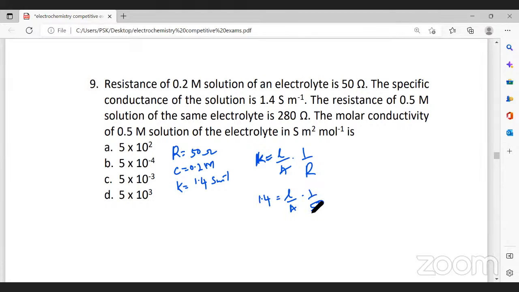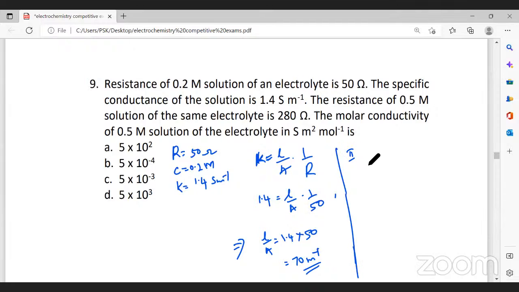Therefore 1 by 50. So L by A will be 1.4 into 50, that will be equal to 70 per meter. This L by A is called the cell constant.